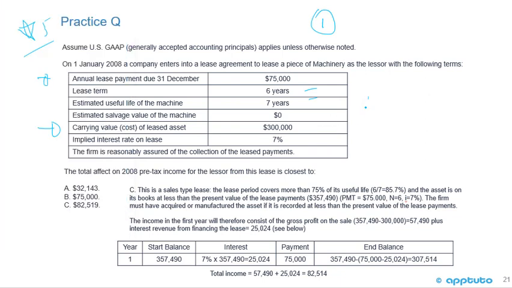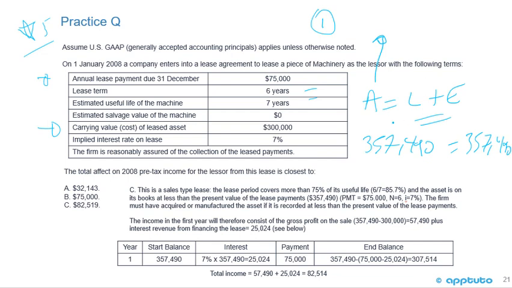So now when we do our assets equals liabilities plus equity, I'm the lessor. That asset is going to the lessee. It's going to go to the lessee at a value of $357,490. Their asset goes up and their liability goes up by $357,490. You can see this payment is due at the end of the year.